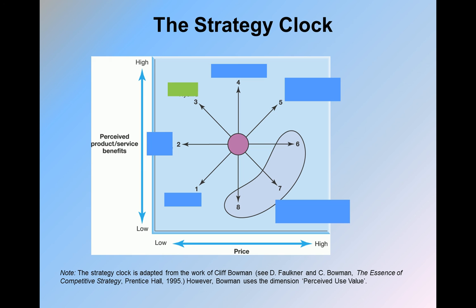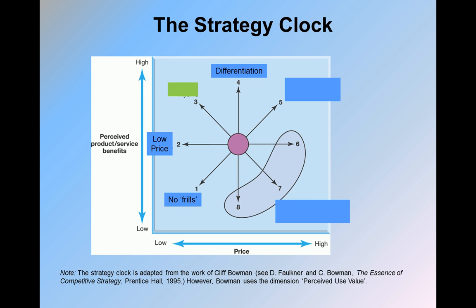And then we have, rather than... what his variables result in is a slightly different depiction, so that we have these various points: low price, low service or product benefits, referred to as no frills, few more products, features and a bit better service, but still at a low price, and it's a low price strategy.